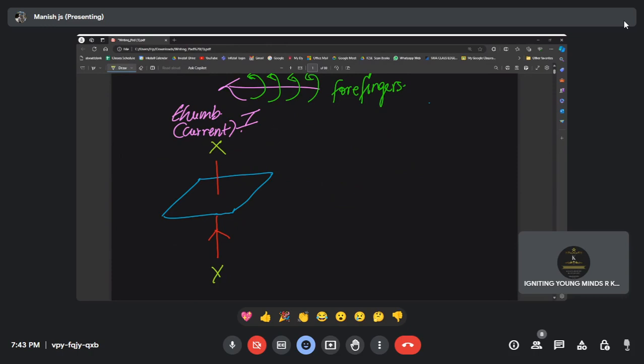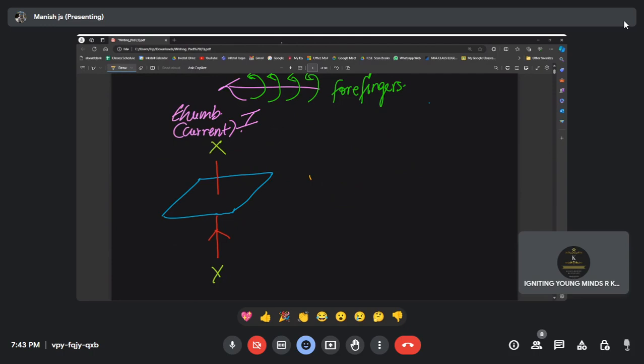Now according to the right hand thumb rule, how is the magnetic field pattern present around this conductor? How can we illustrate the magnetic lines of force around it? So we apply the right hand thumb rule. For this, there is a small experiment.